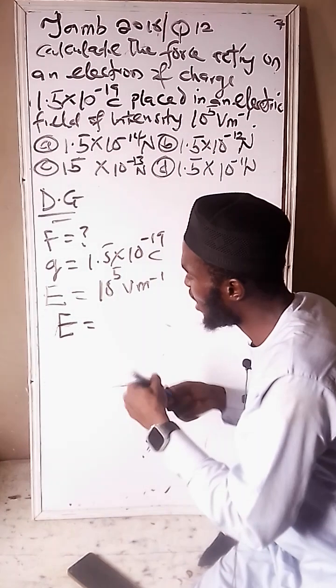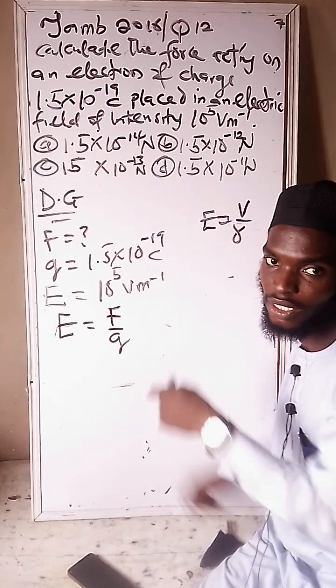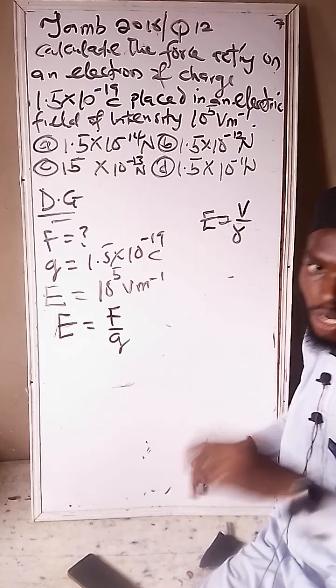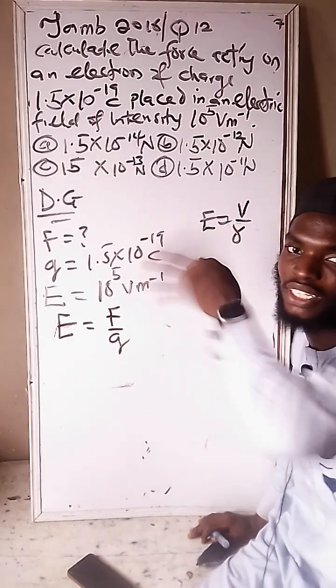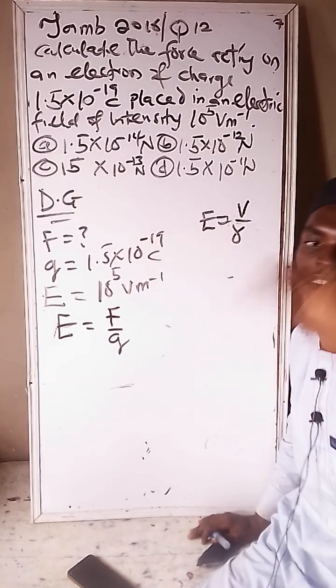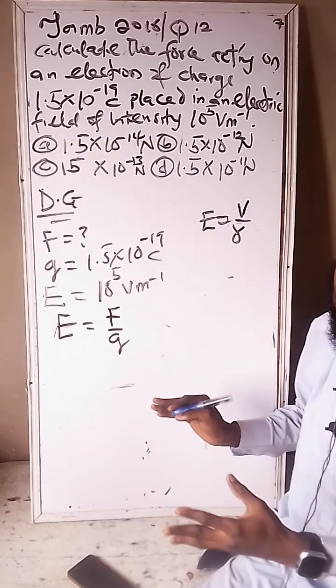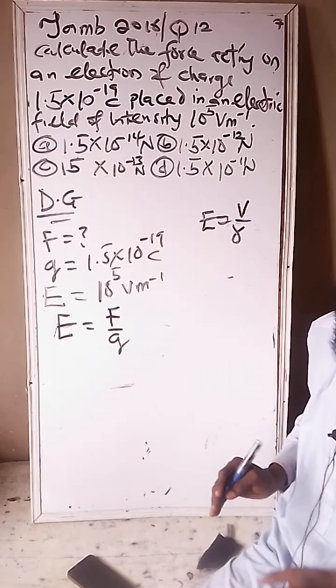It is E equals F over Q. I've stated it in our episode 2 under this particular topic. Please go and cram this formula. This topic is very simple. All you need to do is cram the formulas and note how they have been derived. If you know how they have been derived, you'll be able to solve so many questions on this.